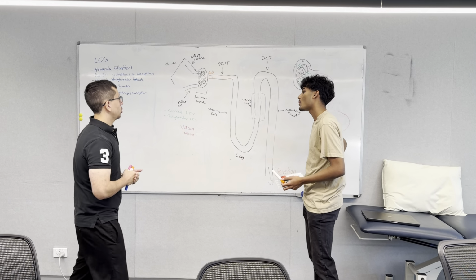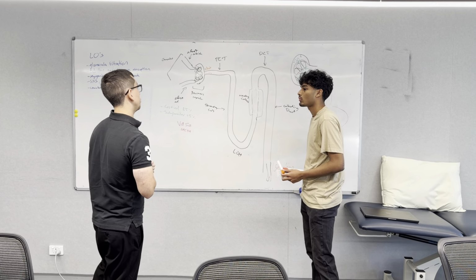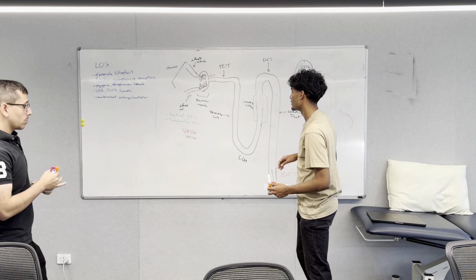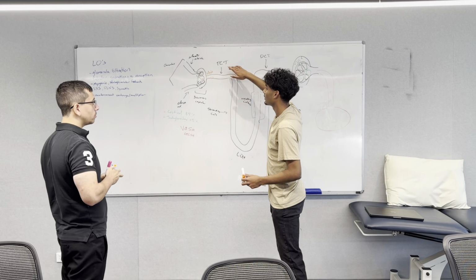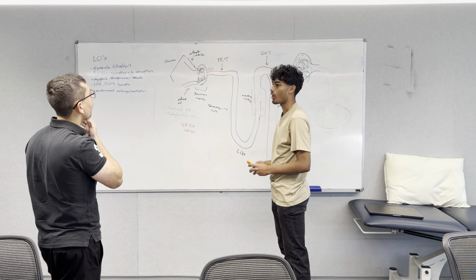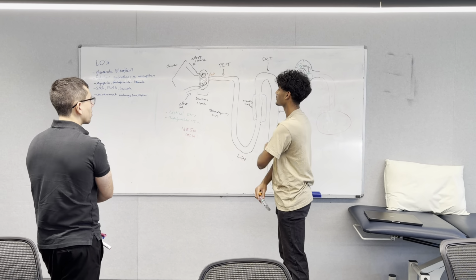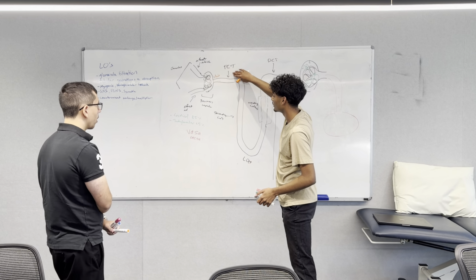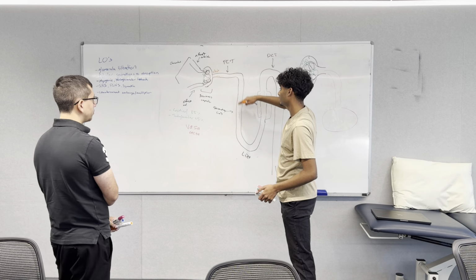Okay, so what is reabsorbed at the proximal convoluted tubule? Which is the PCT, guys. Yeah, so the PCT, I'm pretty sure you have sodium here, or your electrolytes. So you have sodium, potassium, chloride, things like that here. But as soon as you get down to here, it stops.